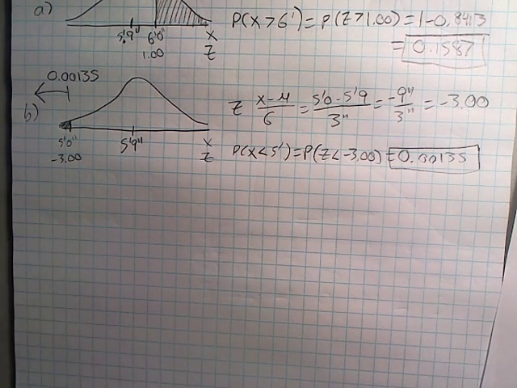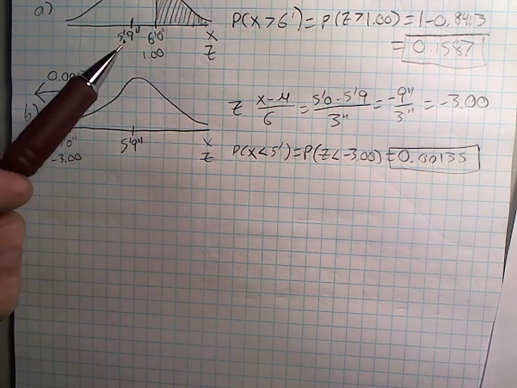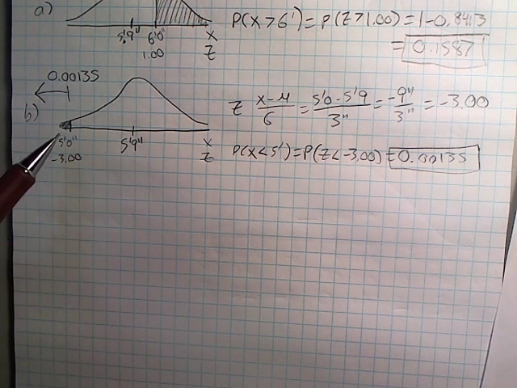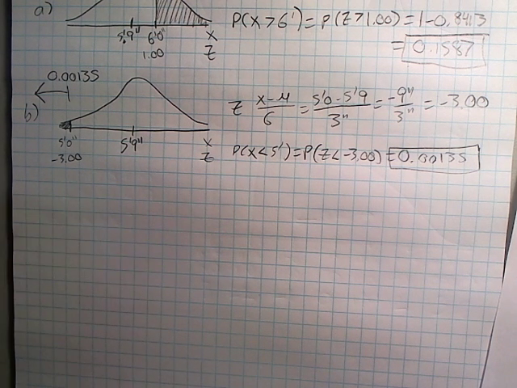So a very small probability to randomly select an element of this distribution and have it be 5 feet or less. All right, moving on to part C.